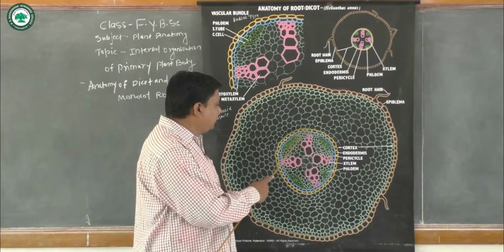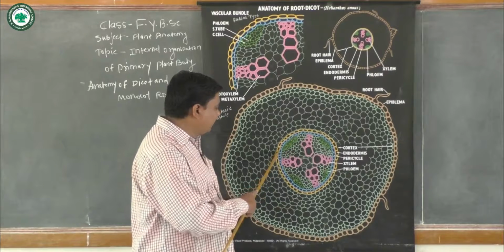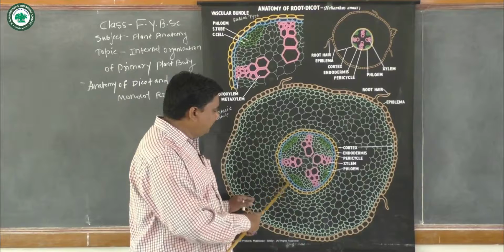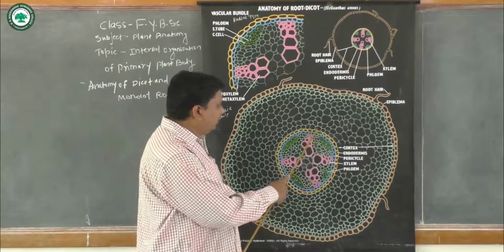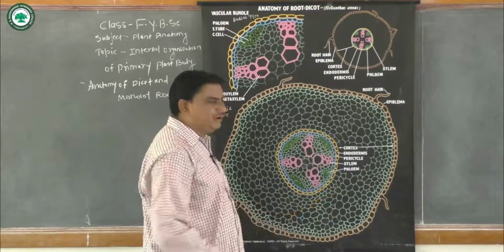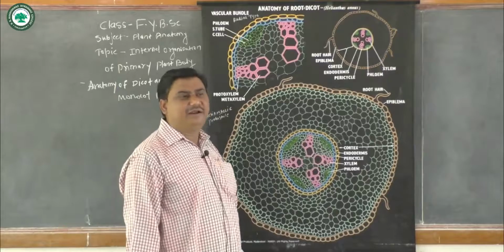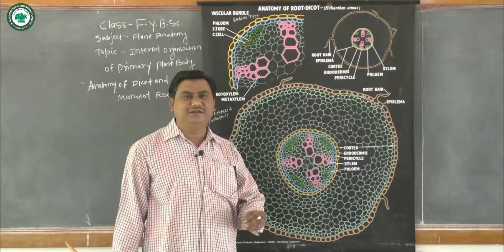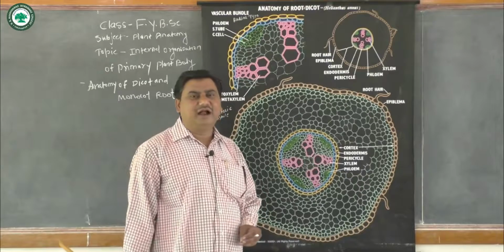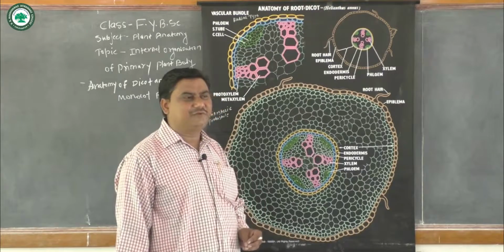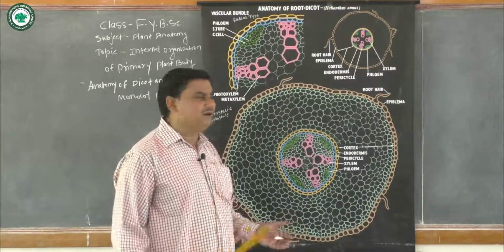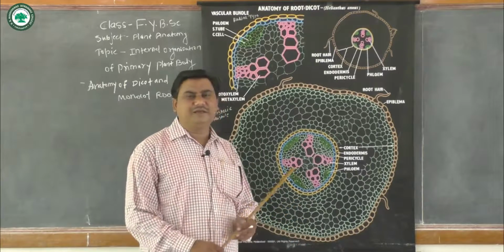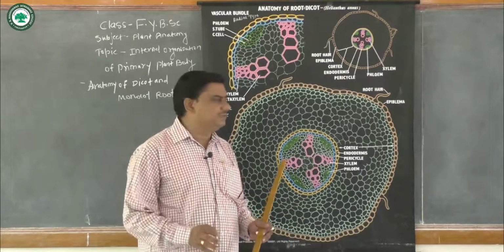From this protoxylem to this protoxylem, and this protoxylem to this protoxylem, the cells having the suberin material form a strip, what we call the Casparian strip.